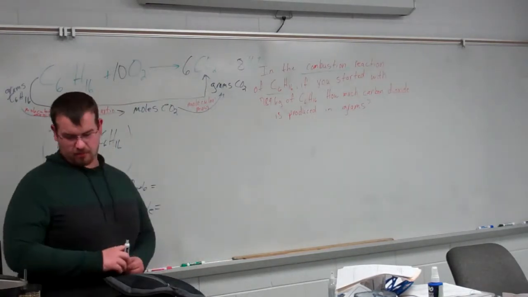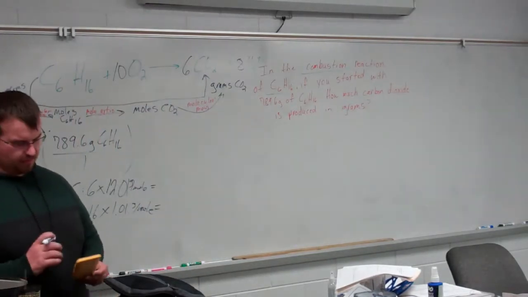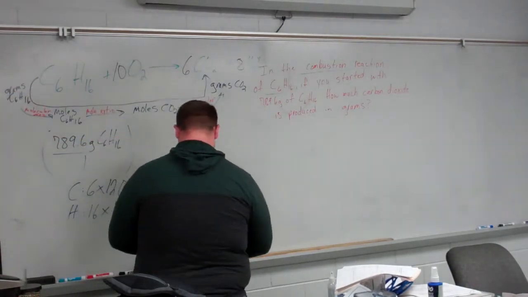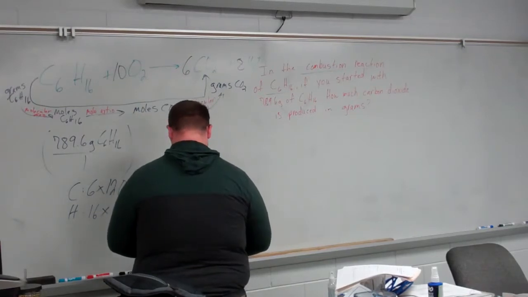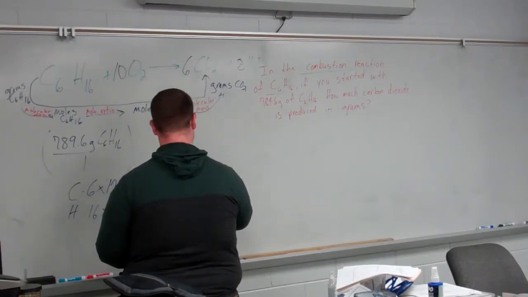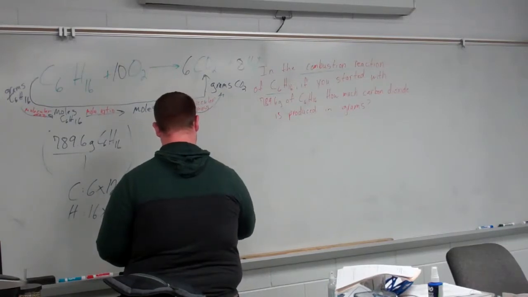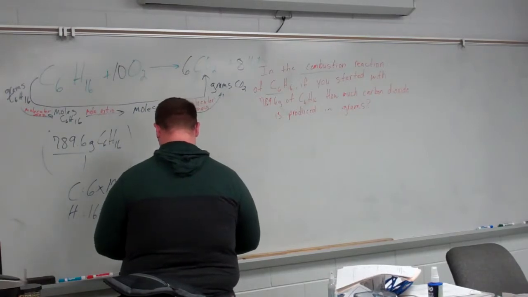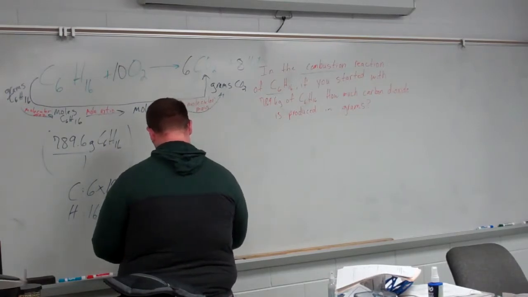And I don't know what they are individually. I calculated it if they were together. So 72.06 and 16.16. These are grams per mole. Add them together. Gives you 88.22 grams per mole.